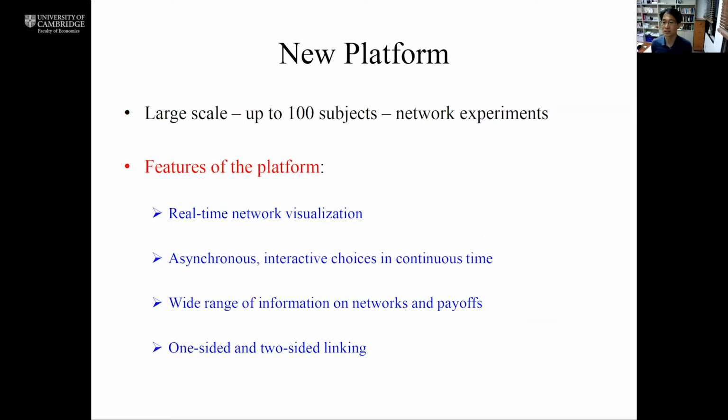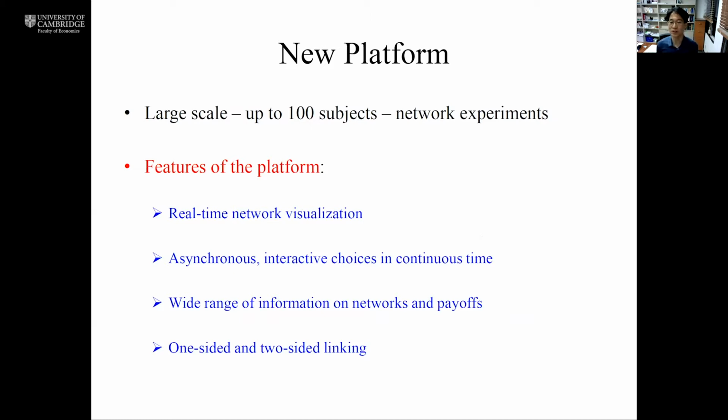And this led us to develop a new experimental platform in which we can run network formation experiments at large scale, up to 100 subjects so far.